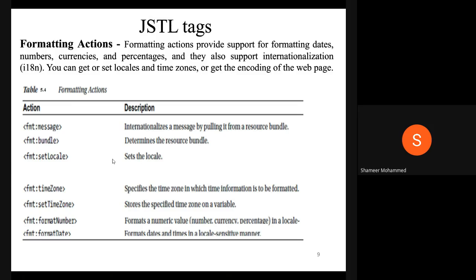So these are all the formatting tags, format date. Similarly, format number. See, before the number or after the number, you are displaying currency, dollar, pounds, riyal, rupee. These values you can display using this tag.